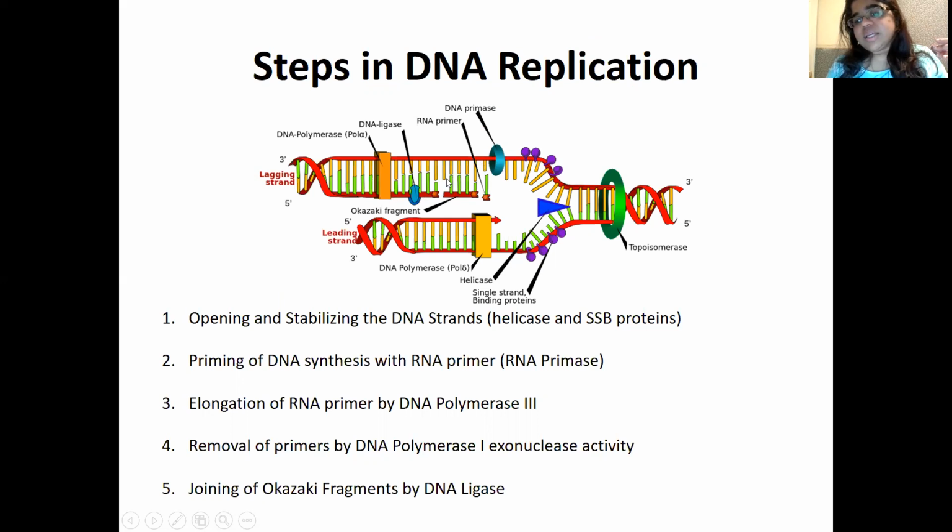So it ends up with different fragments, and ligase over here comes in and joins these Okazaki fragments together and links them all together, and it's a happy new DNA molecule.